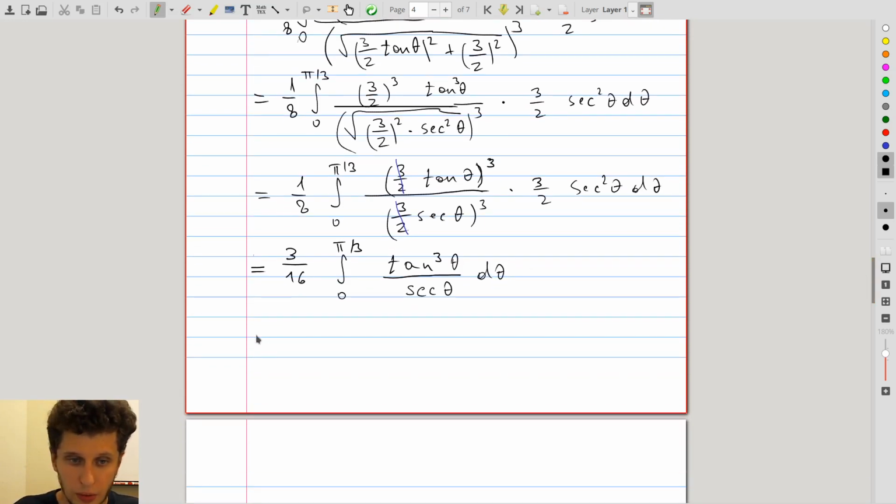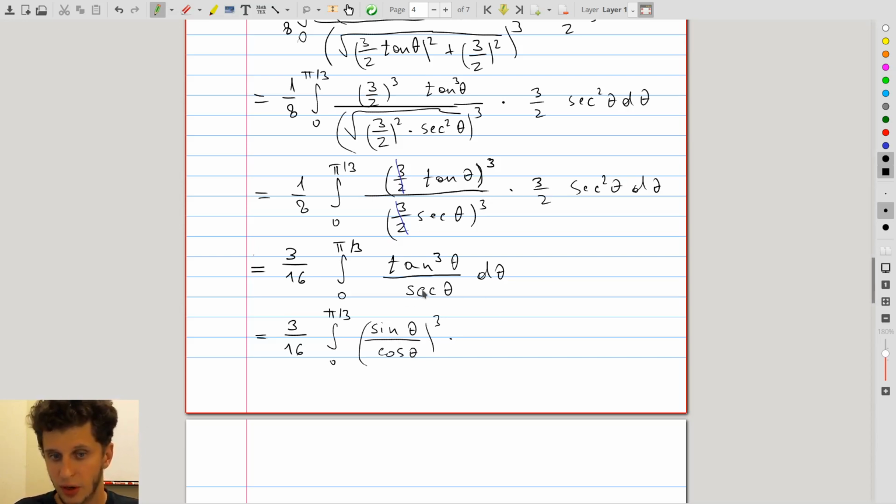So what I will do with this expression is I will rewrite it, using that tangent is sine over cosine, and it's going to be cubed. And then since secant is 1 over cosine, I'm multiplying by another 1 over cosine theta.